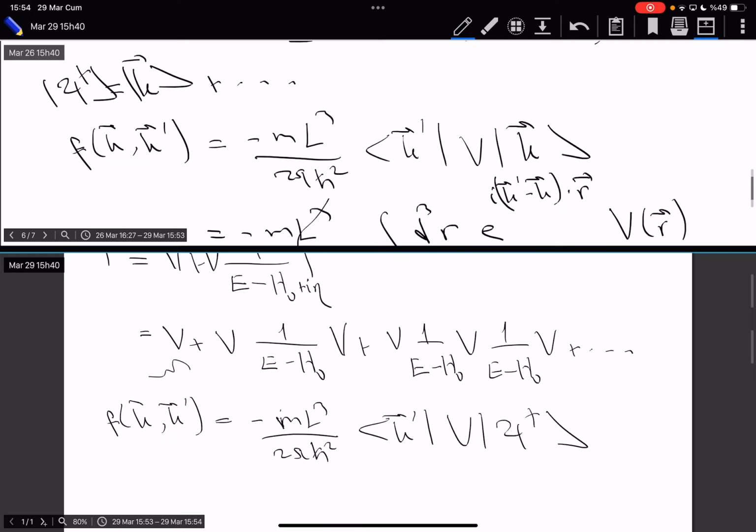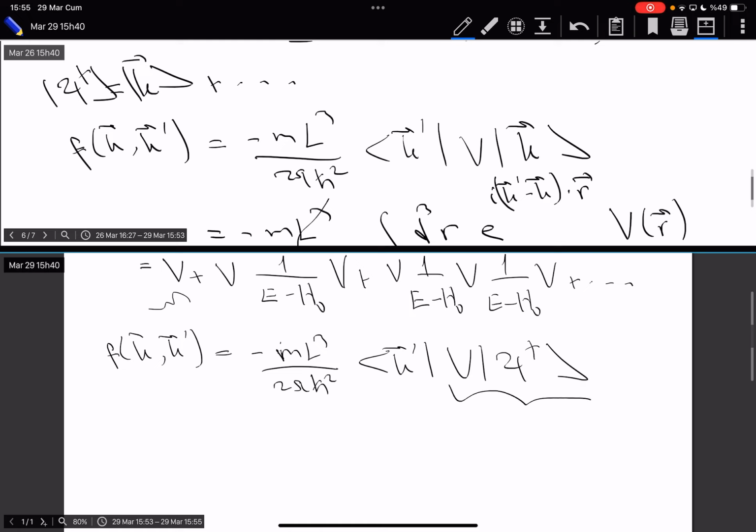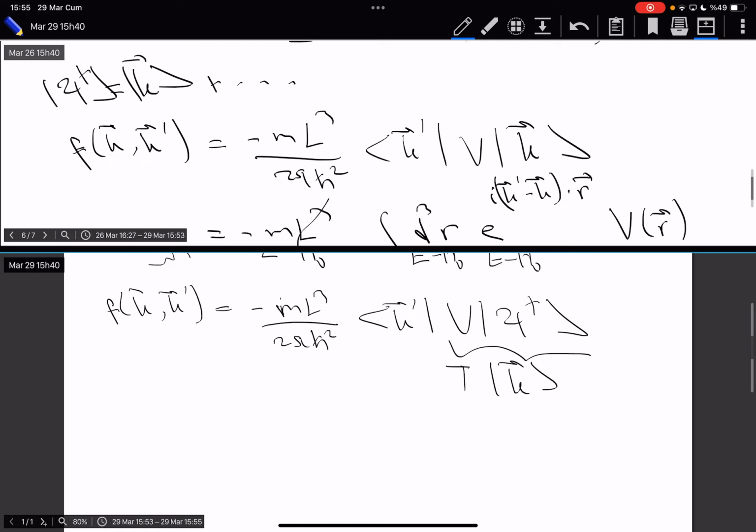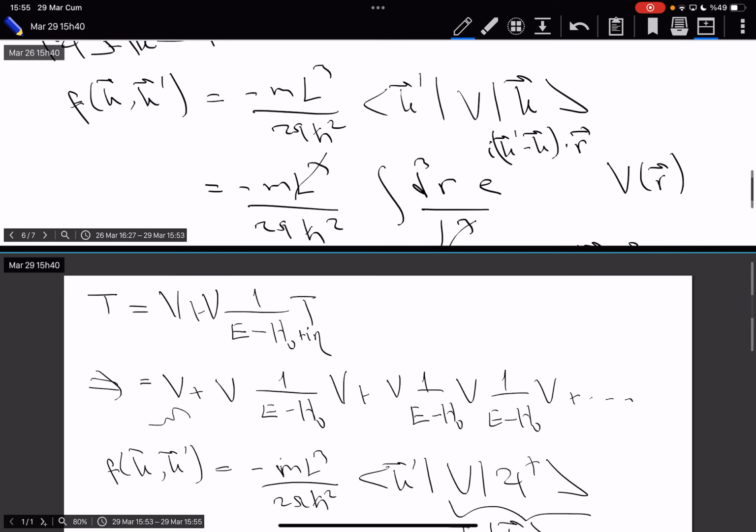This is the full expression of F_kk'. And V psi plus is T times k. That's how the book defines the state psi plus. So F(k', k) is minus m L cubed over 2 pi h bar squared, <k'|T|k>, and you can just use this expansion of T. The first term is just V.